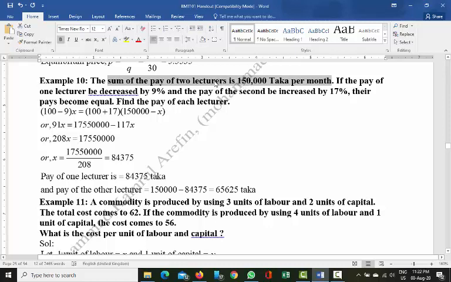That means if we add both of their salaries, it is 150,000 taka per month. Suppose one lecturer gets x taka per month. So the other lecturer will get 150,000 taka minus x per month. So let us solve it.